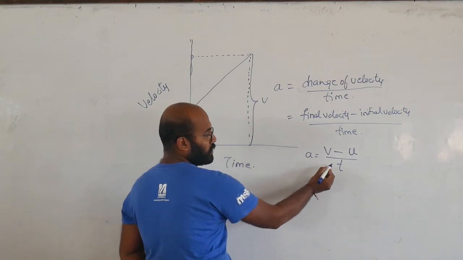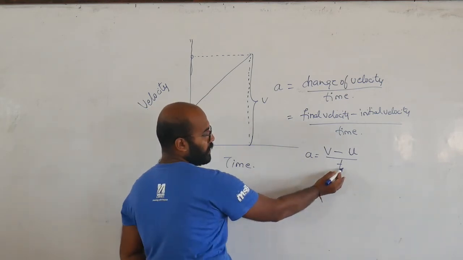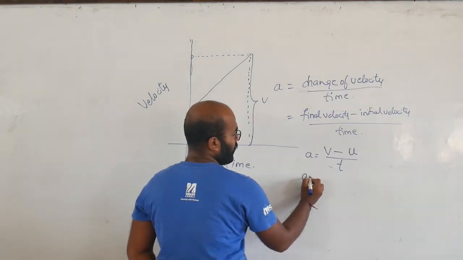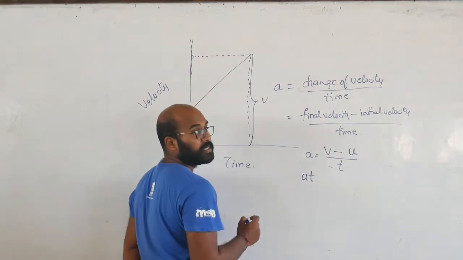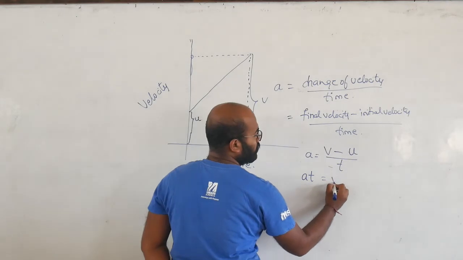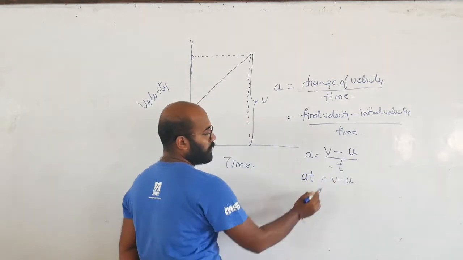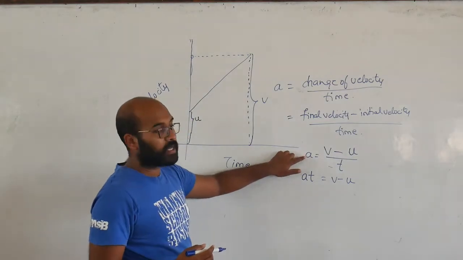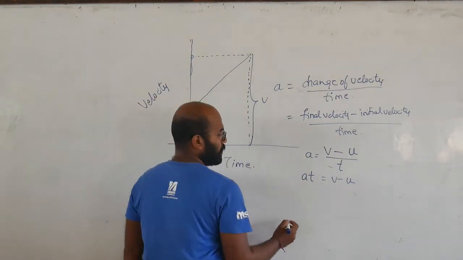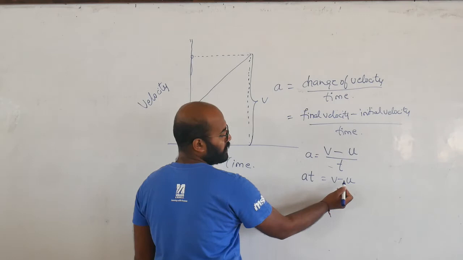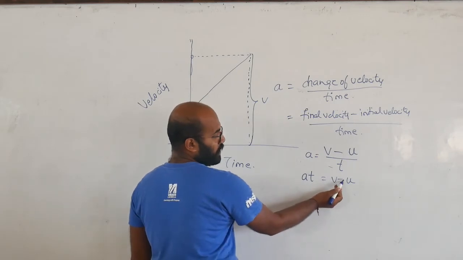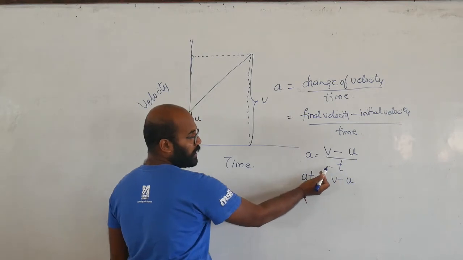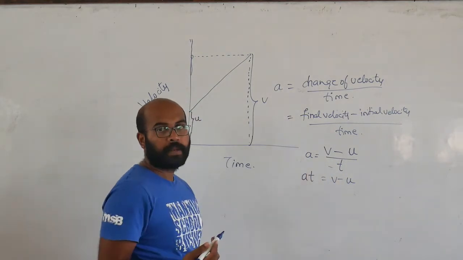Now bring t to the left-hand side, where it gets multiplied with a. So a into t, that is at, is equal to v minus u. If minus u comes to the left-hand side, it becomes plus u.